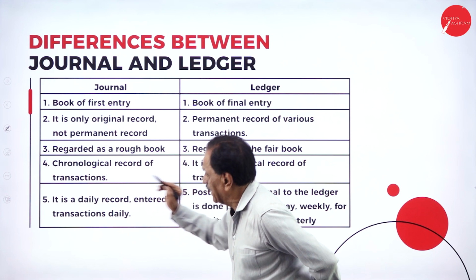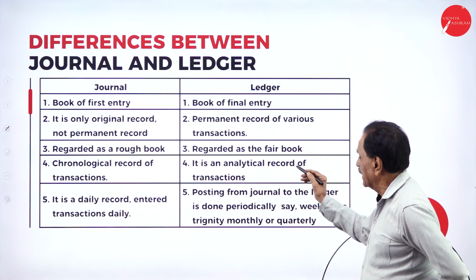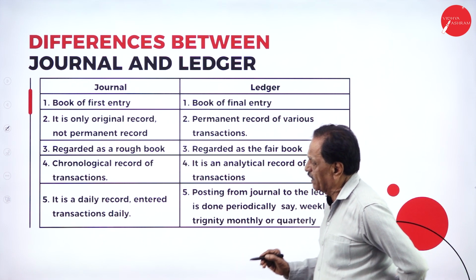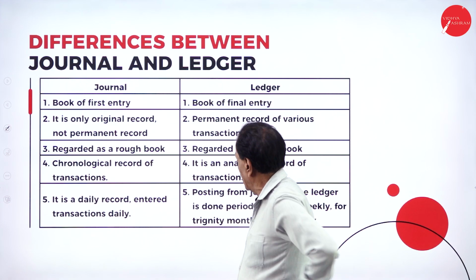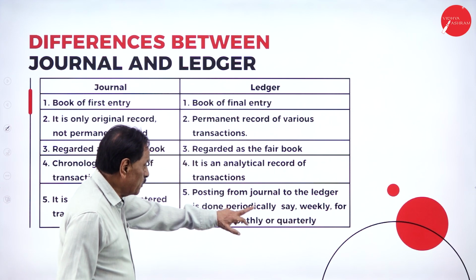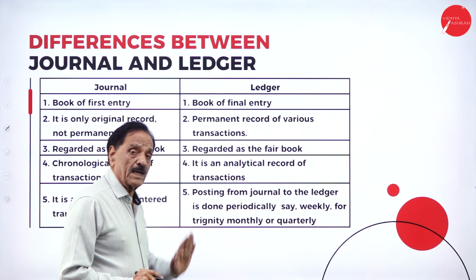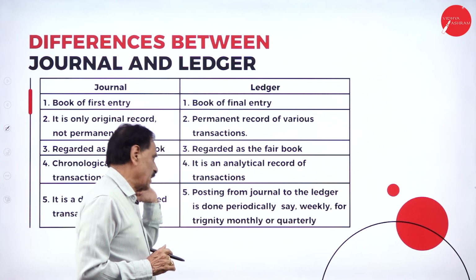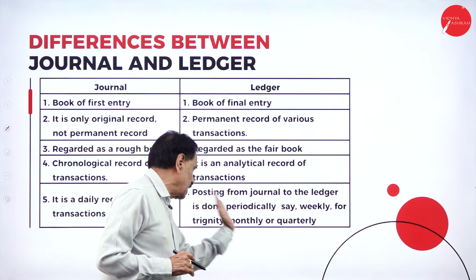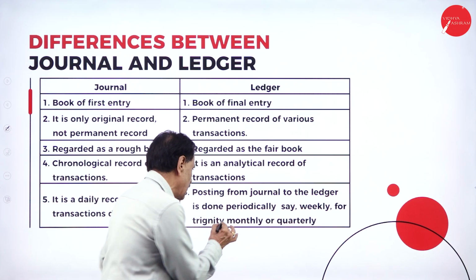The journal is a chronological record of transactions, the ledger is an analytical record. The journal is a daily record, entering transactions daily. Posting from journal to ledger is done periodically, not daily: weekly, fortnightly, once in 15 days, monthly, or quarterly.